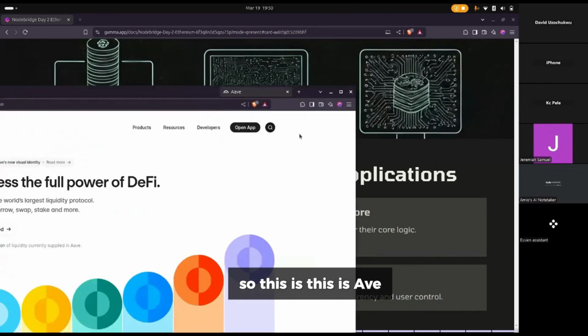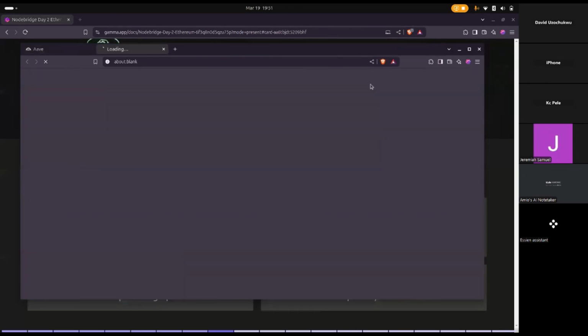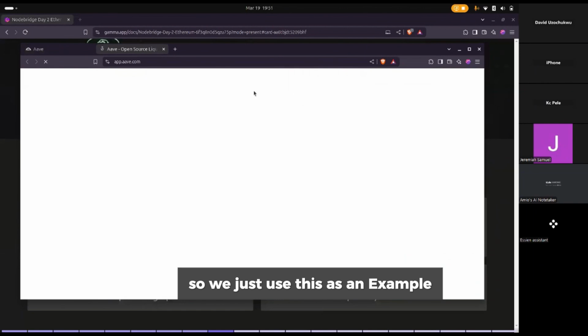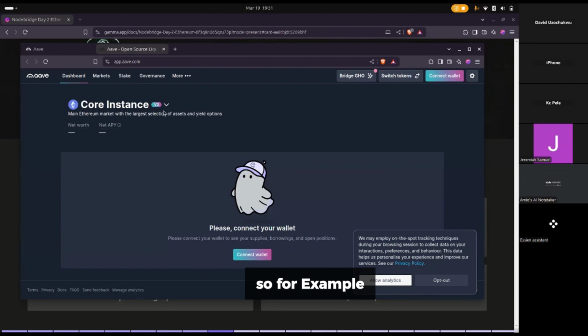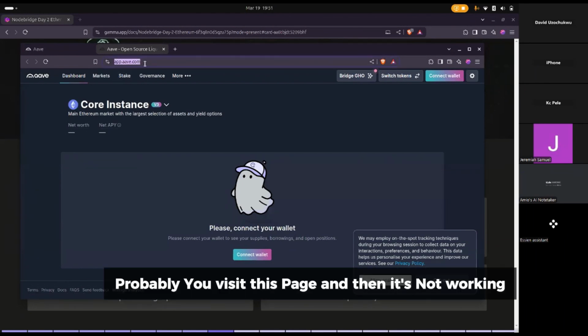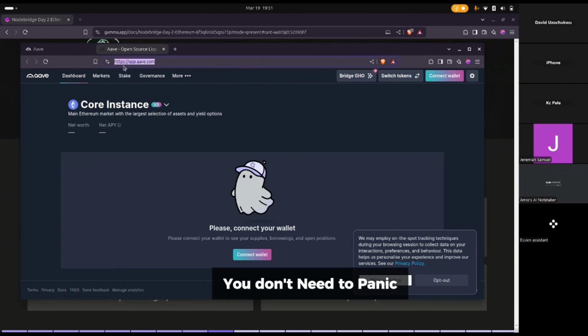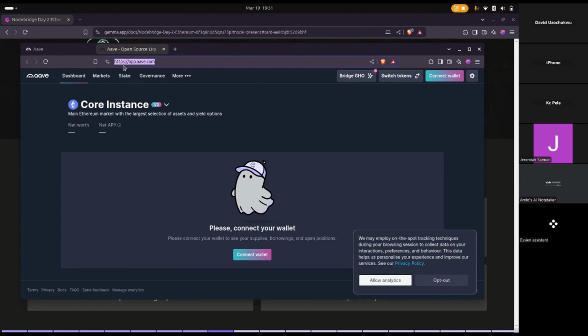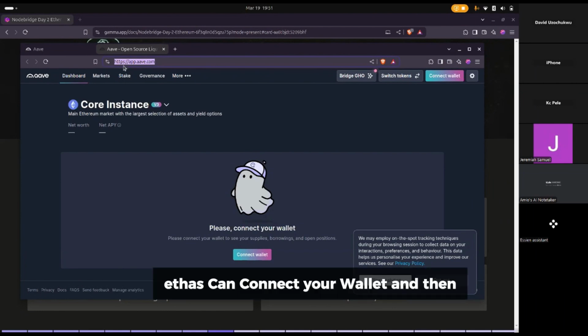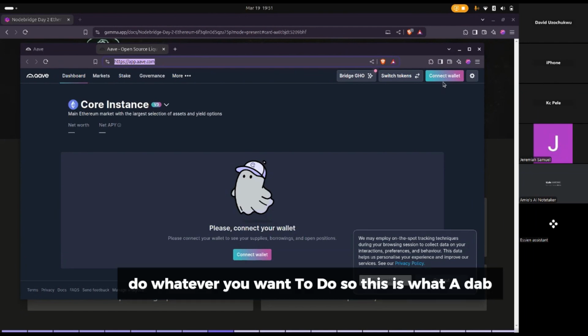So this is Aave, we'll just use this as an example. If you visit this page and it's not working, you don't need to panic. Whatever you have done, if it's on Ethereum, if it's on Base, you just need to go to Basescan or Etherscan, connect your wallet, and then do whatever you want to do.